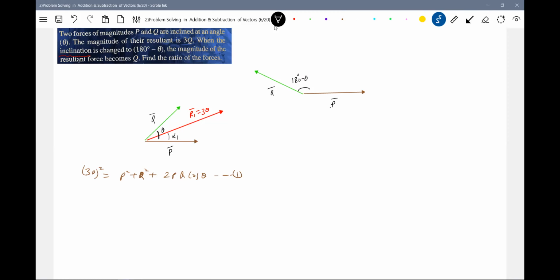The magnitude of the resultant force becomes equal to Q. So where will the resultant be? Somewhere here. The resultant R2 bar will have magnitude Q.